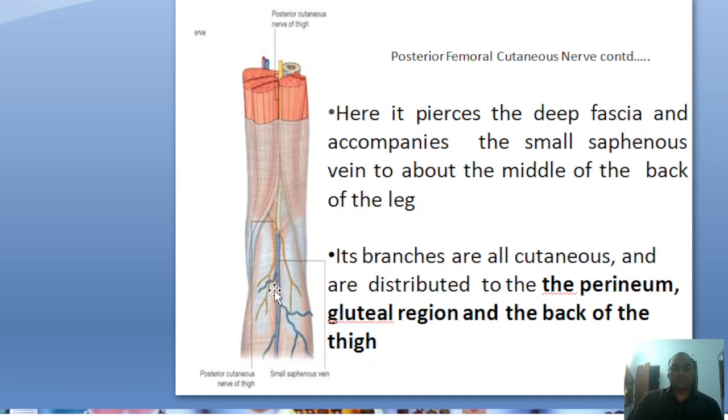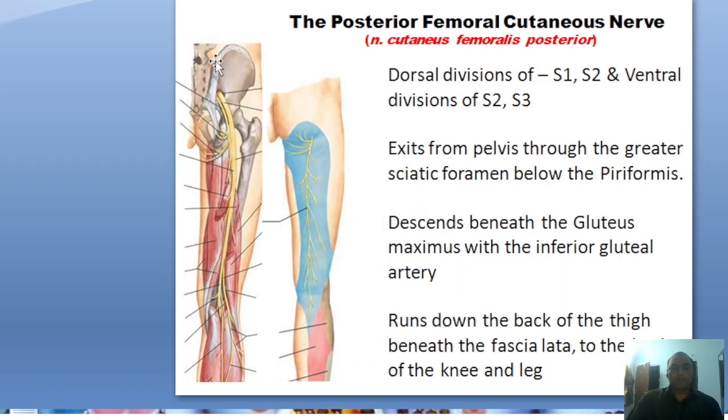This is the small saphenous vein, found in the roof of the popliteal fossa to about the middle of the back of the leg. Its branches are all cutaneous and are distributed to the perineum, gluteal region, and back of thigh.